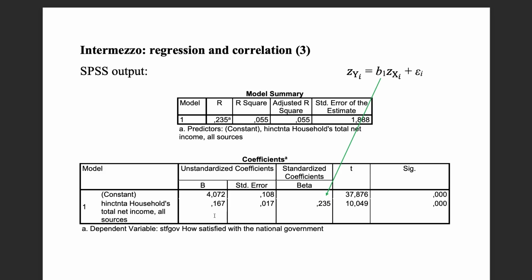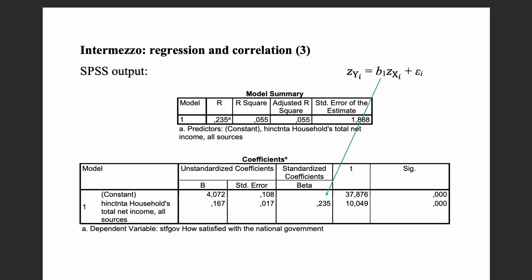It means that for every additional decile of household income, because household income is measured in deciles in the ESS, the predicted value on satisfaction with the national government is going to increase by 0.167 points, because it's measured on a point scale. But now we also have the beta coefficient, a completely different value, 0.235.